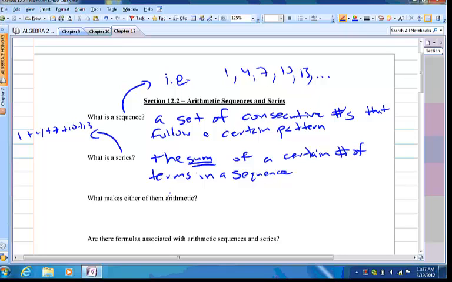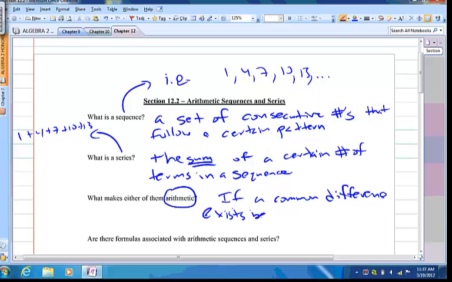Now what makes either of these arithmetic? That's if a common difference exists between consecutive terms.